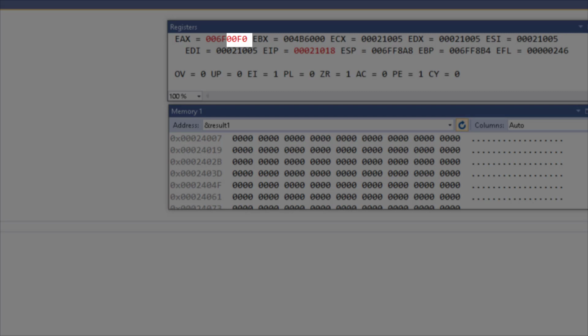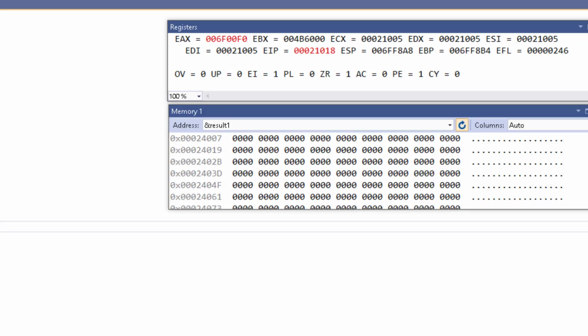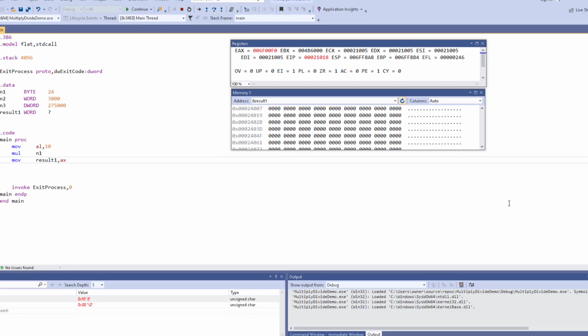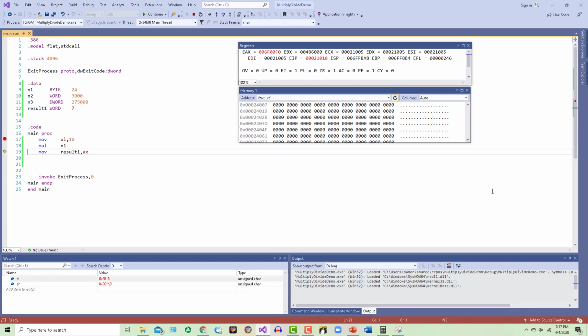Why? It's because F0 is 240 in decimal, which can totally be contained in the 8-bit AL register. So AH is 0 because none of its bits were needed to store the result. Now look at the carry flag. It's cleared, meaning there is no necessary data in AH. So the AX is stored into the result1 variable.